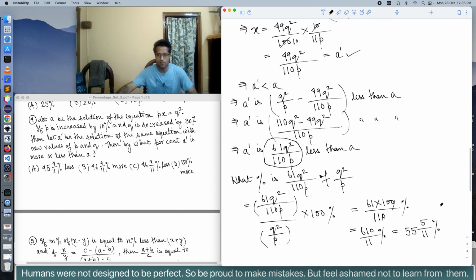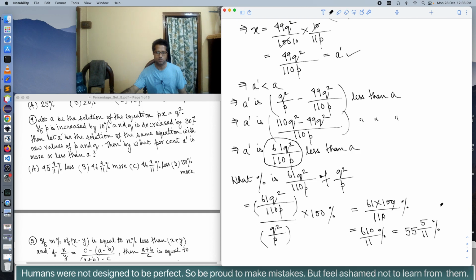Now we have to find this value, 61 Q square by 110 P, as a percentage of the value of A, which is Q square by P. So it is 61 Q square by 110 P divided by Q square by P multiplied by 100.